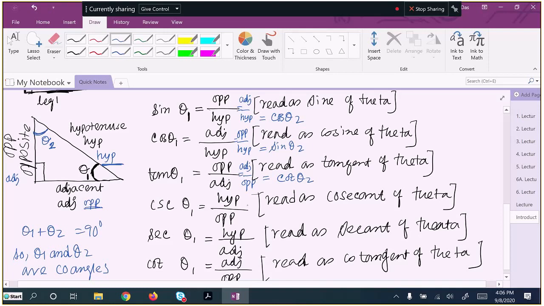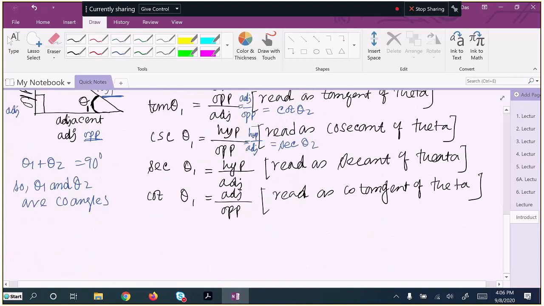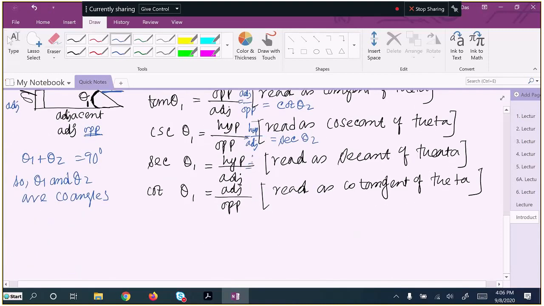If you look at cosecant, hypotenuse remained hypotenuse, but opposite became adjacent. And remember, this is secant with respect to theta 2. For secant with respect to theta 1, if I leave hypotenuse as hypotenuse and change adjacent to opposite, this has become cosecant of theta 2. Whereas for cotangent, adjacent will change to opposite, and opposite to adjacent, and whatever was cotangent for theta 1 is tangent for theta 2.